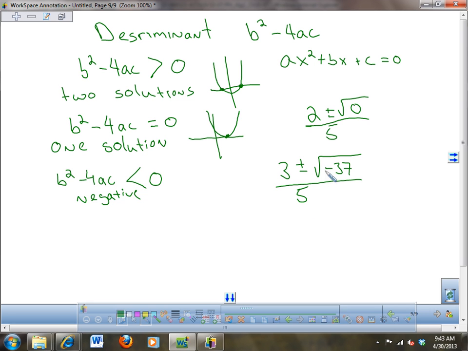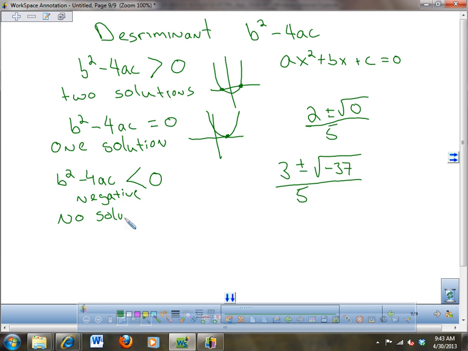Can I take the square root of a negative number? No. So how many answers am I going to have? Starts with N. None. Okay. No solutions.